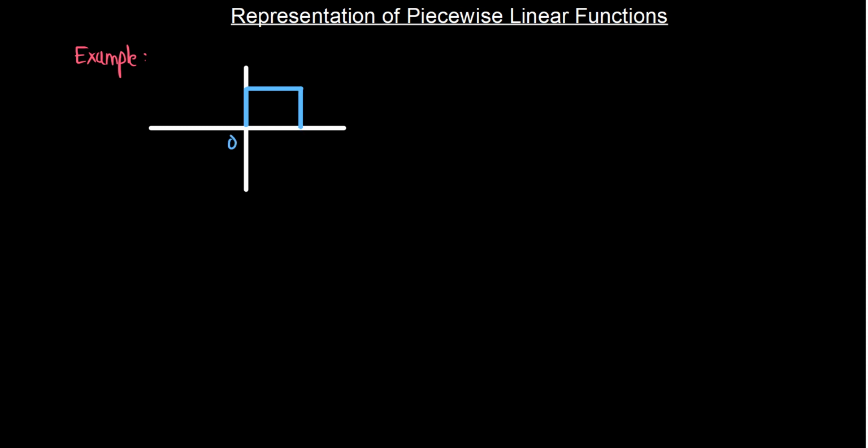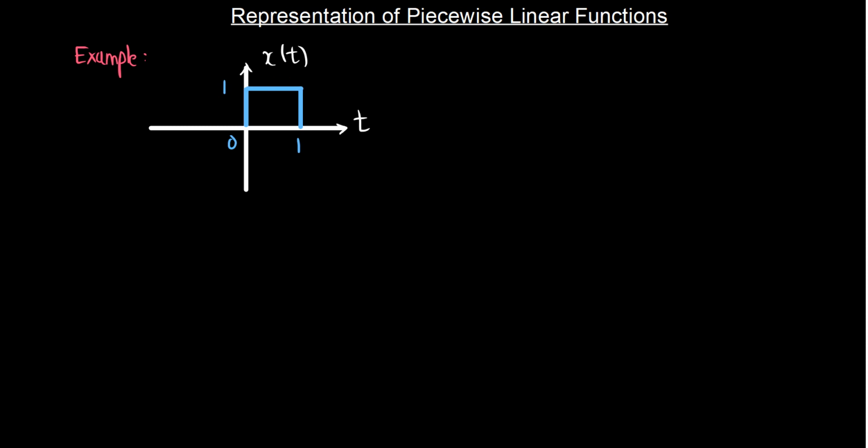So let this be 0, 1 with an amplitude of 1, and let this be x of t, a function of t. Now this is an example of what is called a piecewise linear signal or function. As we can see, this signal is unity, or it's constant, between 0 to 1. So it is a kind of linear. In fact, it's a constant from 0 to 1.